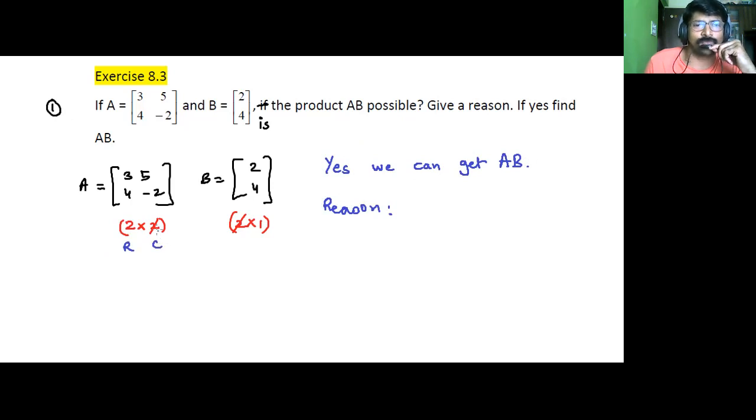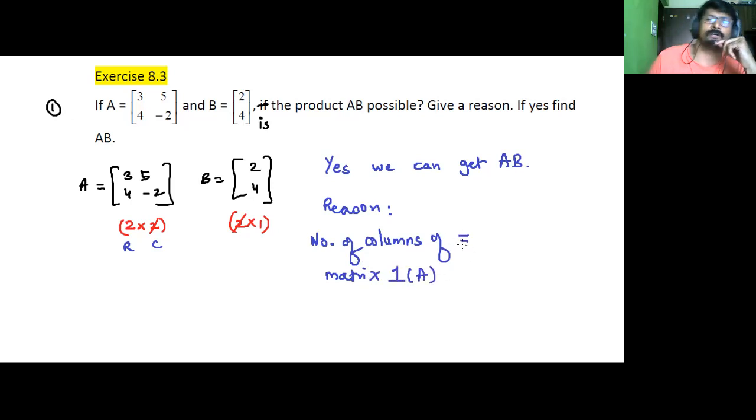So the number of columns of the first matrix, you can write along with me, number of columns of matrix 1, or matrix A, you can say, is equal to the number of rows of matrix B, or matrix 2, you can say. You understood, guys? So that's it.